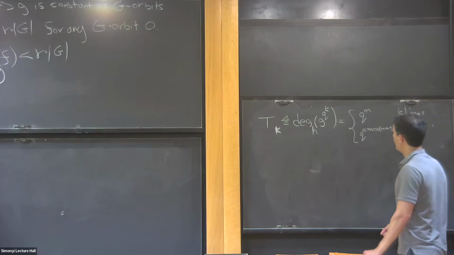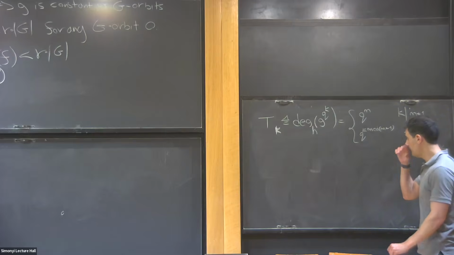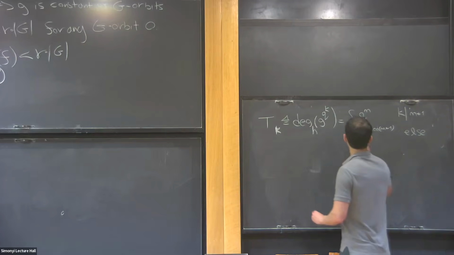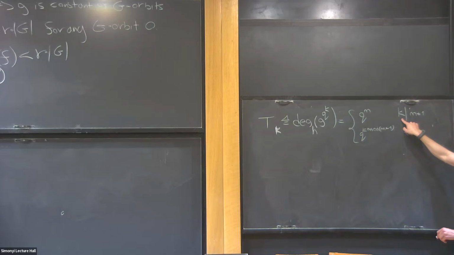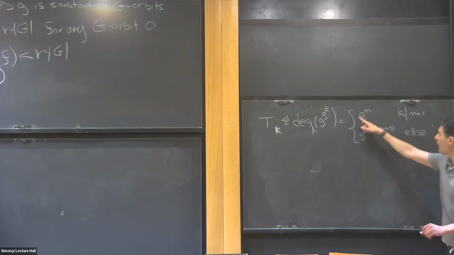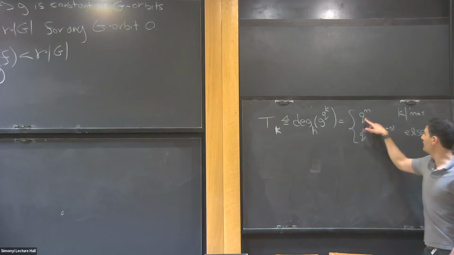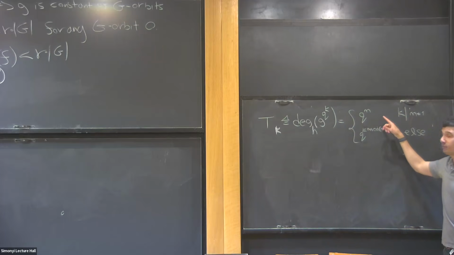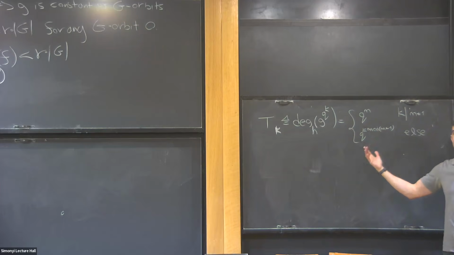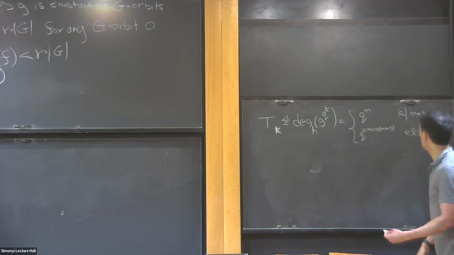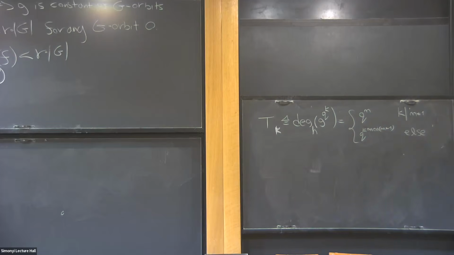But the important point is, what do we conclude? That there are two cases where the weight, this value, is equal to q to the m: where k divides m plus 1, or k mod m plus 1 is m. In other cases, the weight is at most q to the m minus 1.